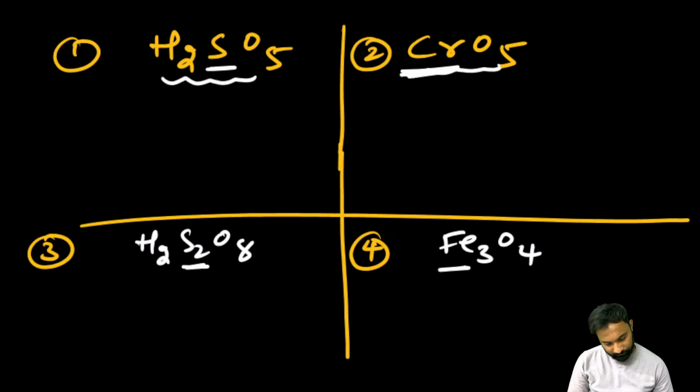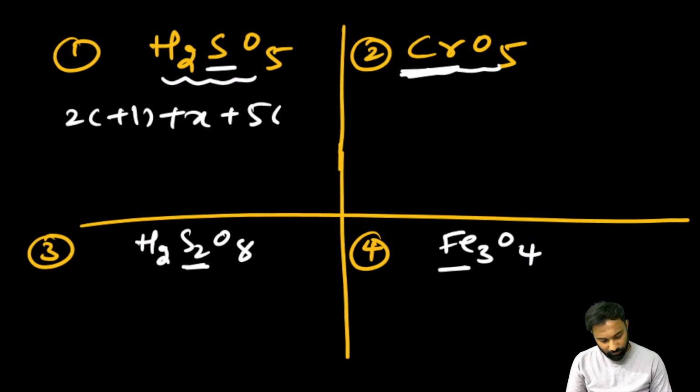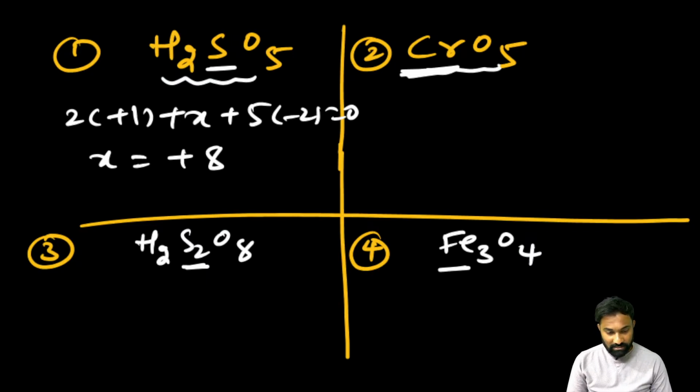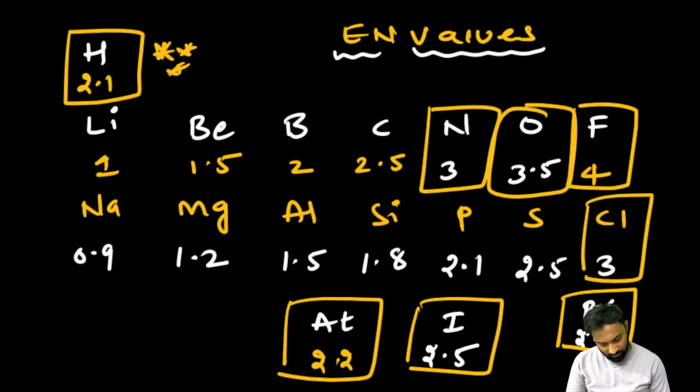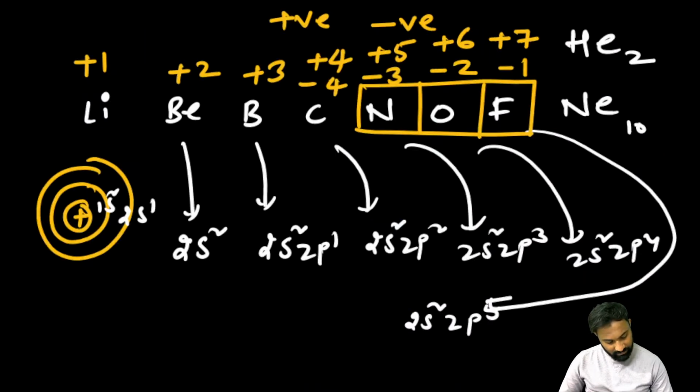See, here this one is Caro's acid. If you do the general oxidation state calculation, what will you get? +2 and -10, so x is equal to +8 you will get, right? But here I already explained you very clearly: this is oxygen and sulfur, the oxygen family.